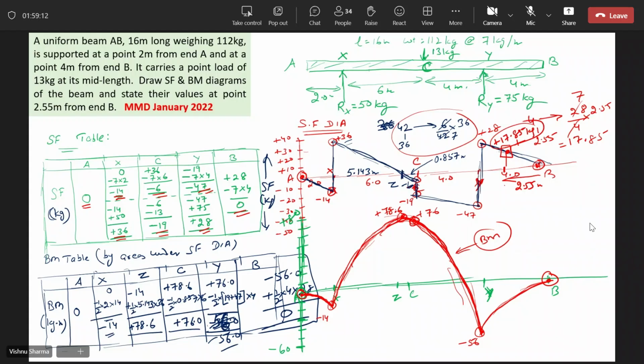Is the answer for shearing force clear, class? If you read it from the graph, I think the best somebody can read is 17.7, 17.8, 17.9. That is the best you can read. Obviously, reading 17.85 from the graph can be ruled out. And if the graph is very small, then you may struggle to read 17.8 or 17.7 also.